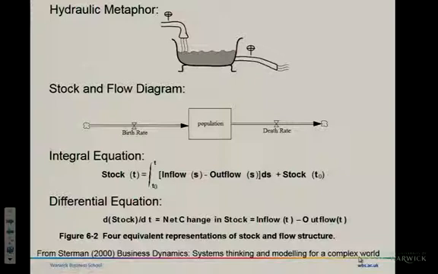Many times, you cannot find an analytical solution of a very complex system where these inflows are affected by many feedback processes. So that's why we tend to simulate these systems. We tend to generate simulation models, because we cannot find analytical solutions.